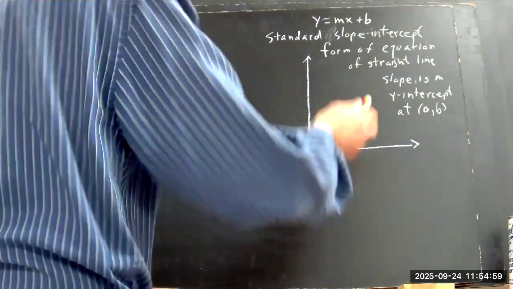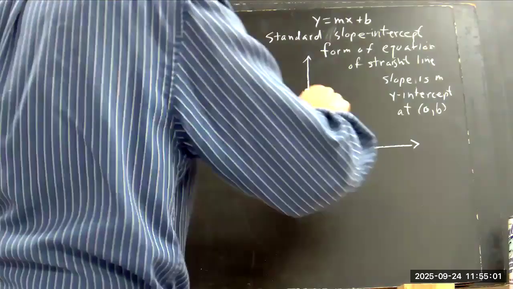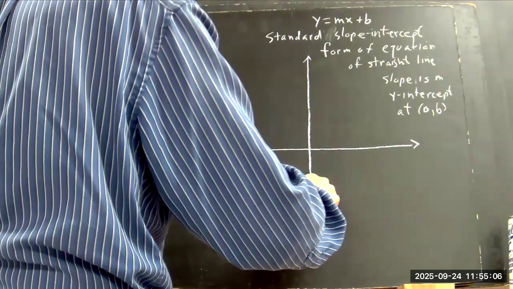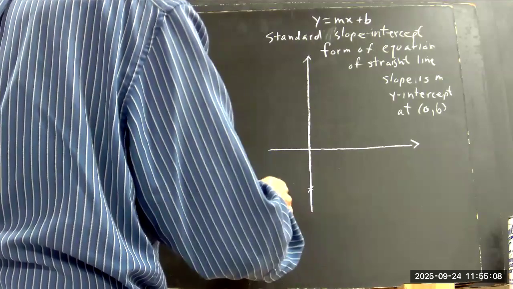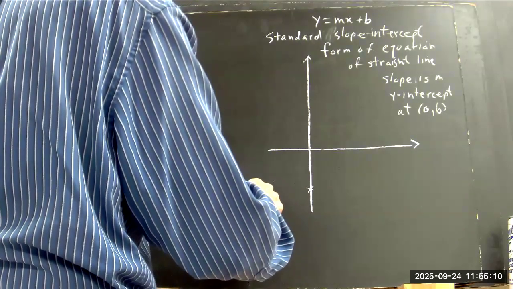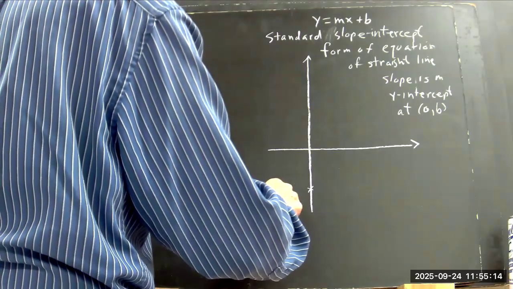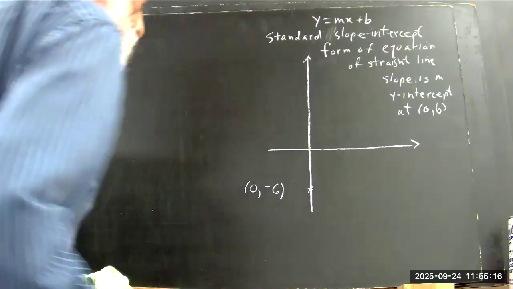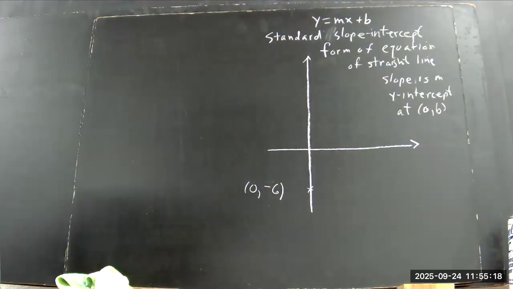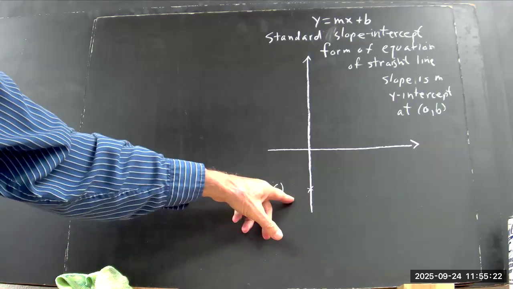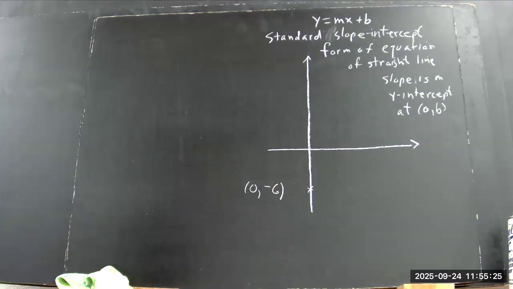And why are we doing this? Okay, well, 0, b is some point on the y-axis. So I'm going to let the point on the y-axis be 0, -6. So that's the y-intercept of our straight line.